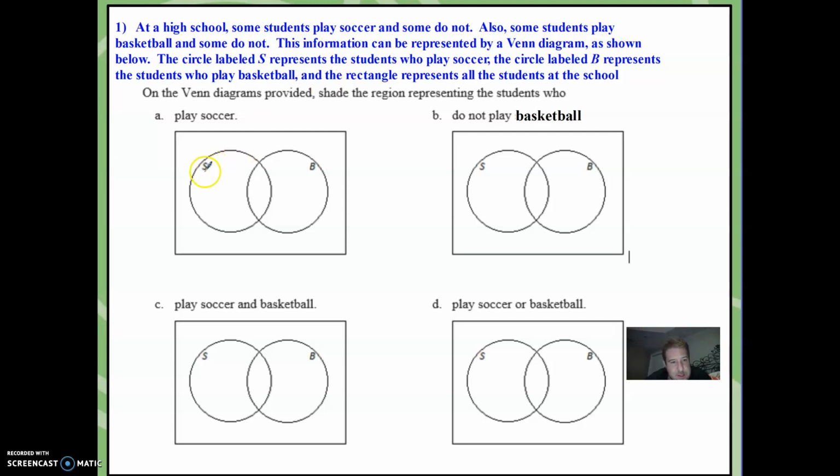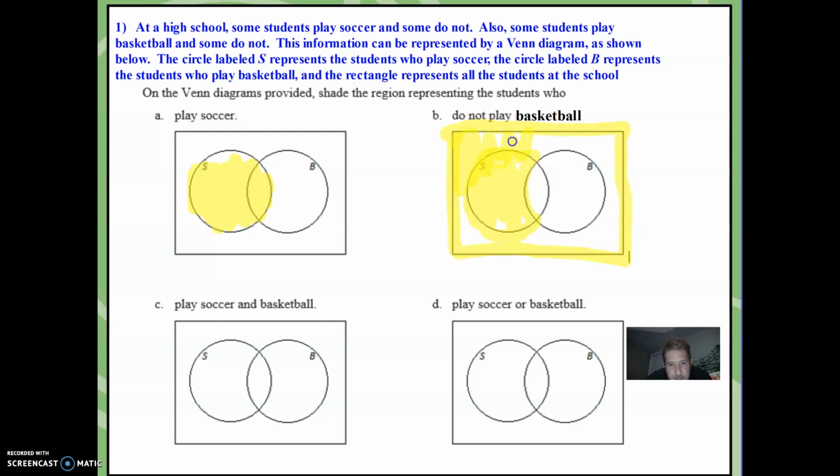Okay, so S stands for soccer, B stands for basketball. People who play soccer would be, this is going to work better with a highlighter, these people. People who do not play basketball: that's these people right here, but also the people in the universe.